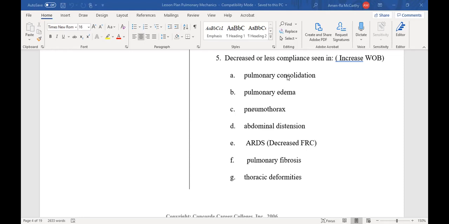Acute respiratory distress syndrome. Some people will say adult respiratory distress syndrome because we also have an infant respiratory distress syndrome, but it's mainly acute. It's something that happens just like that. If you aspirate a little vomit or something like that, it can spread and become very critical. Okay? That's a low or decreased compliance.